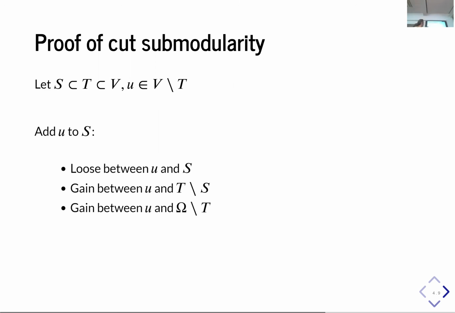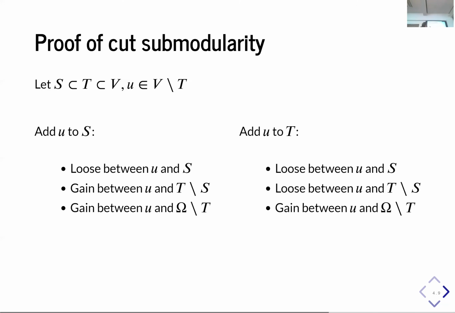When you add U to S, you lose all edges between U and S, because there were transversal edges and they become internal edges. And you gain all other edges of U, because they were purely external, and now they are bridges between U and the rest of the world. Is it clear? In particular, you gain them whether they belong to T or not.